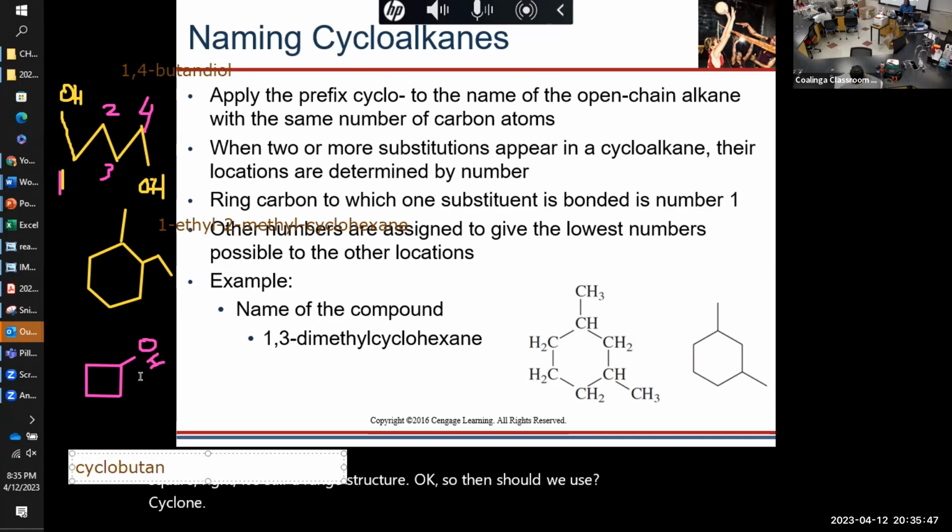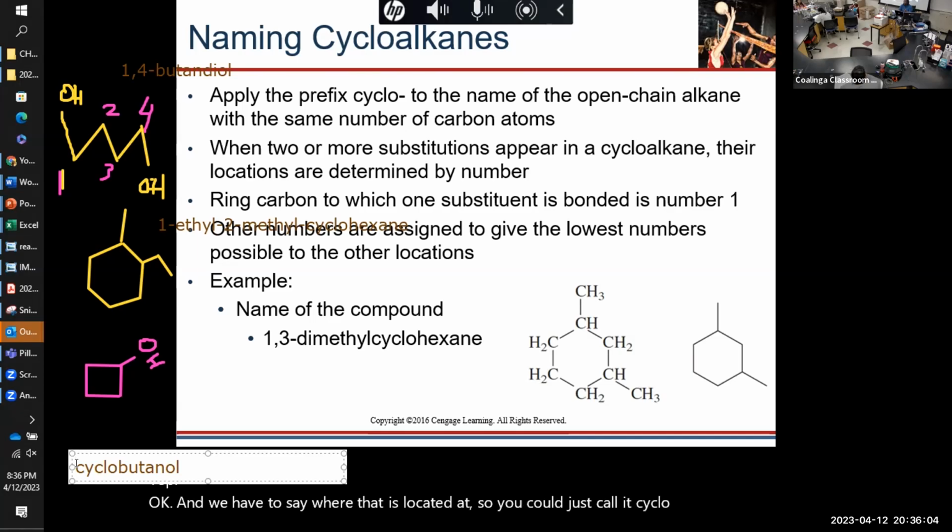Okay, and we have an OH, right? So what do we use for an OH? Ol. Okay, and we have to say where that is located. You could just call it cyclobutanol, or you can tell me the location.